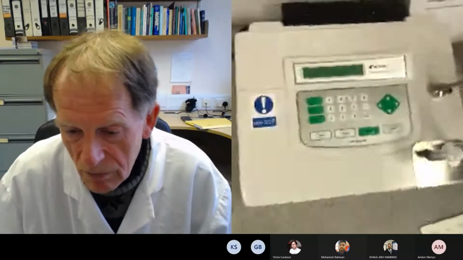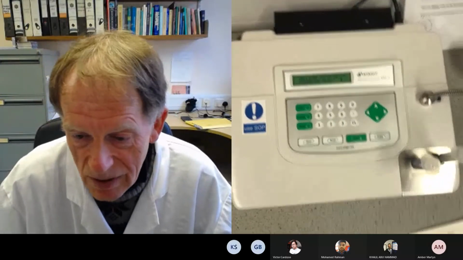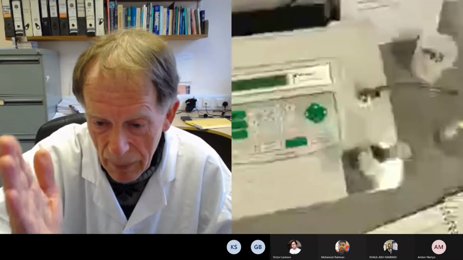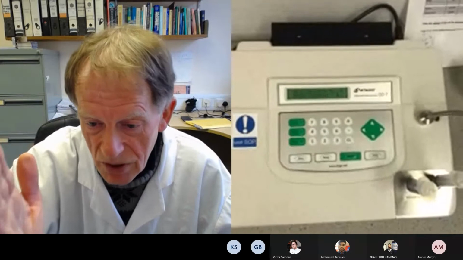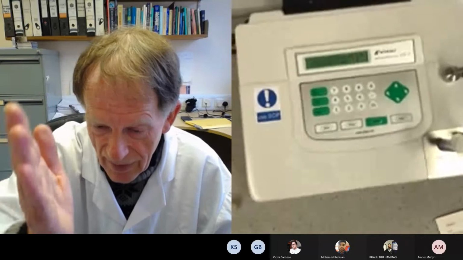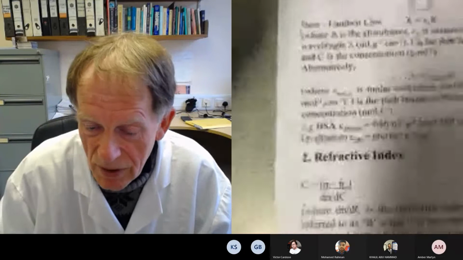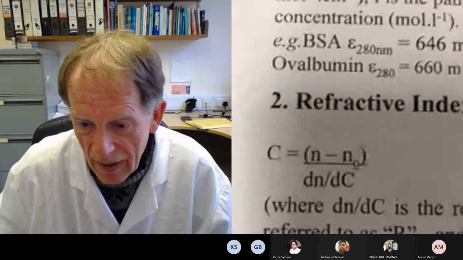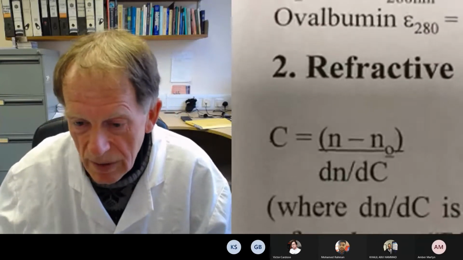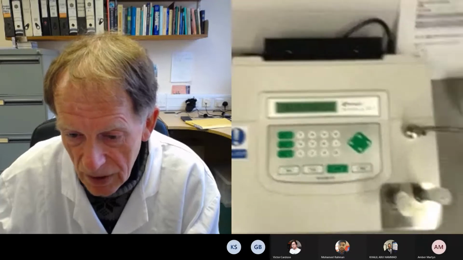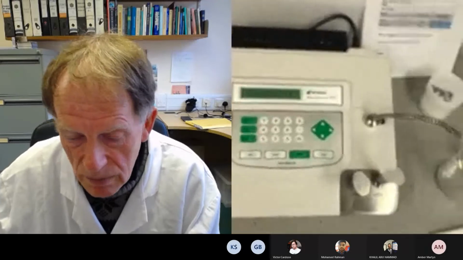So all macromolecules of the polysaccharides, proteins, nucleic acids will bend the direction of light depending on how concentrated they are. So the more concentrated solutions are, the more the direction of the light is bent. And that's what a refractometer measures. And that's what Vlad's going to show you now. He's going to show you a refractometer, which is used for measuring concentrations based on the bending properties of light. Right, Vlad, over to you.